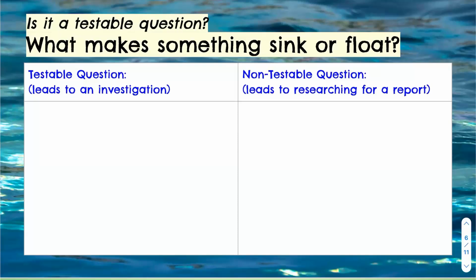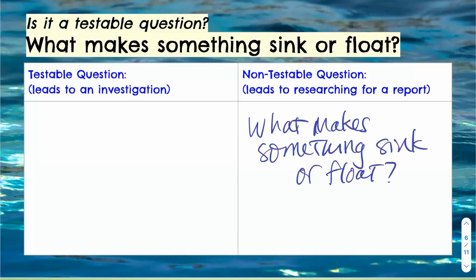What makes something sink or float? Testable or not? Is this something we could easily investigate, or does it lead to a bigger research type project? It's not very specific again, so this is not testable. But of course, we could tweak it to make it testable. Lots of options.